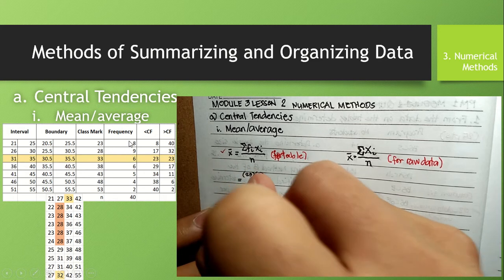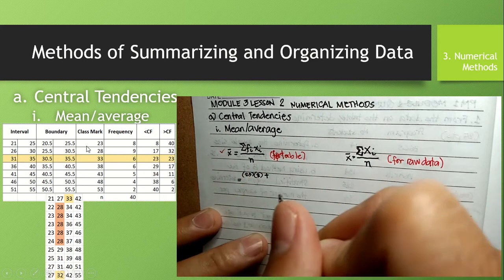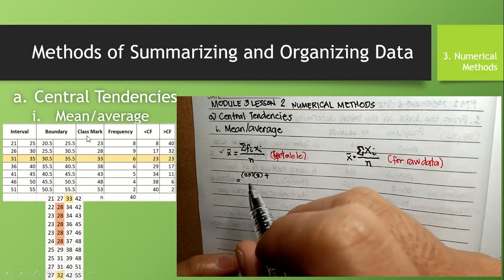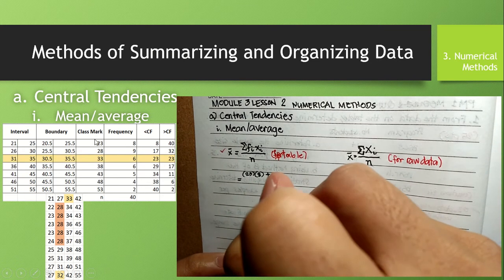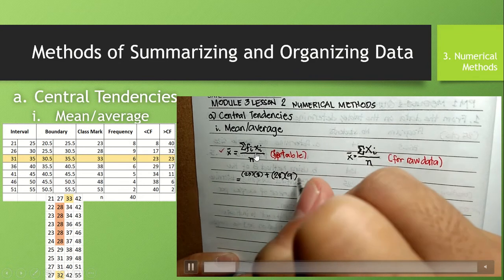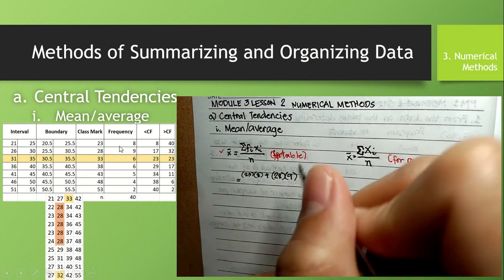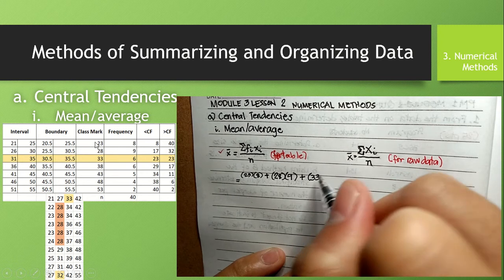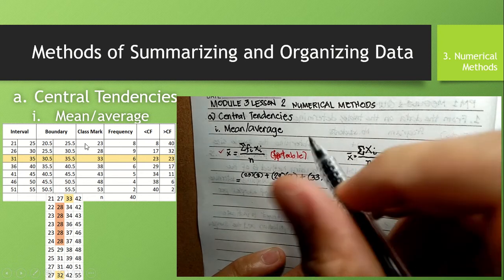Now remember, we will be using the frequency and the class marks. The frequencies are the lowercase f, and the class marks are the lowercase x. When you say summation, we will be summing up all of the products of the frequency and the class mark of each respective row.